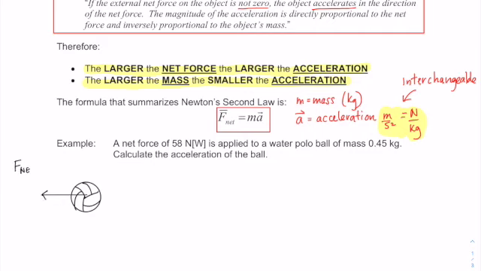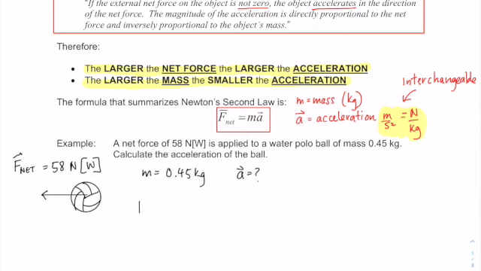And it has a magnitude of 58 newtons in the west direction. So we're given the net force, and we're given the mass, and it's in kilograms. If the mass is not in kilograms, you'll need to convert it into kilograms. And what we want to find is the acceleration of this water polo ball.